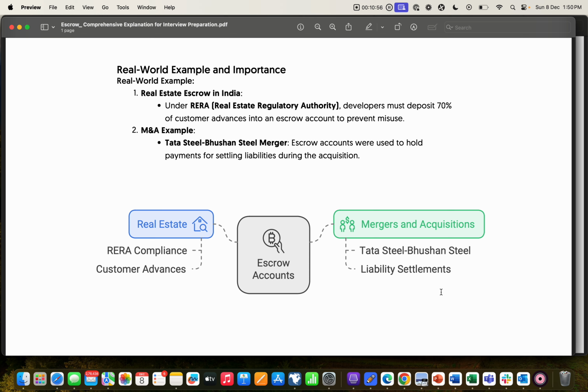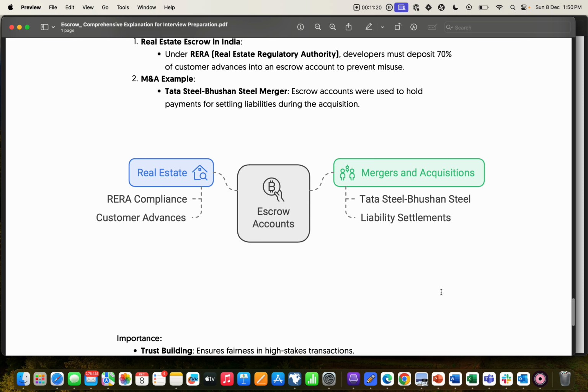For merger and acquisition, we have Tata Steel and Bhushan Steel. An escrow account may be used to hold payment for settling liabilities during the acquisition. They will hold the assets and liabilities, like cash, when they do the merger and acquisition.